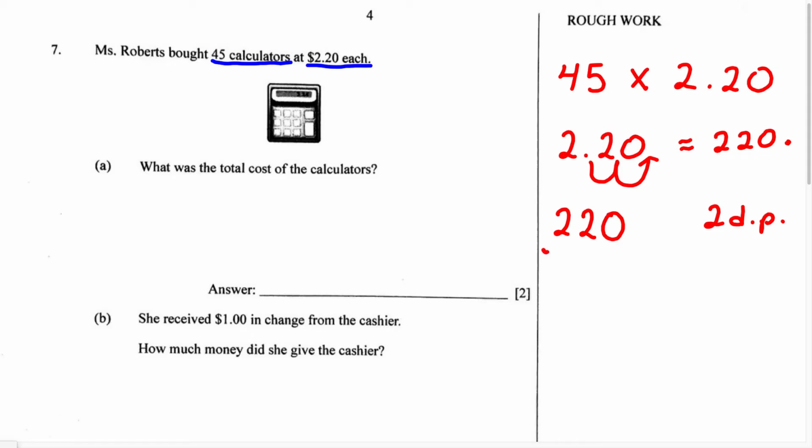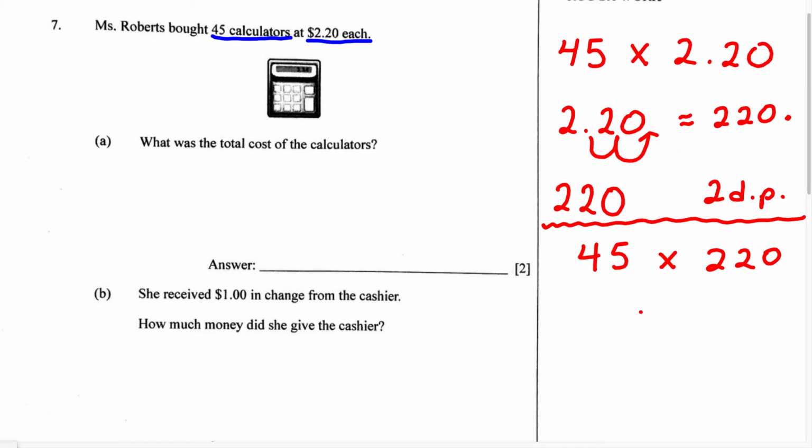Now that we have that, let's begin to multiply. So we have 45 multiplied by 220. We should note it's always best to put the number with the most amount of digits on top. So when I set this problem up, I'm going to put 220 on top, multiplied by 45.